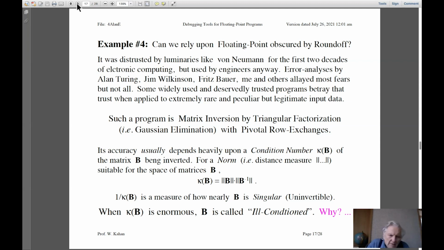It cannot be reliable. In fact, one of my colleagues at Berkeley said that if you are willing to accept round off, then what you're really doing is acquiescing to a state of sin.